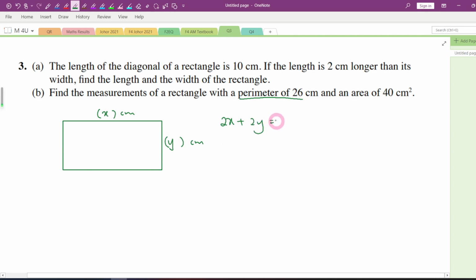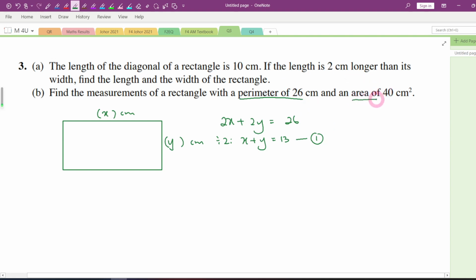So this will give us the perimeter of this rectangle, which is equal to 26. So I will just divide this whole equation by 2 so that the number becomes smaller, easier for us to do it. So x plus y is equal to 13. Okay, so just call this the first equation.